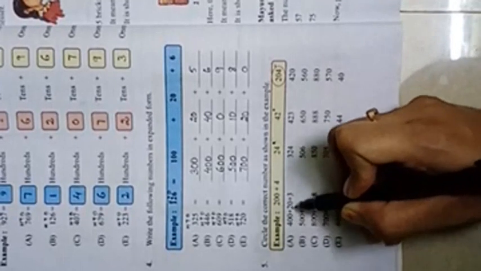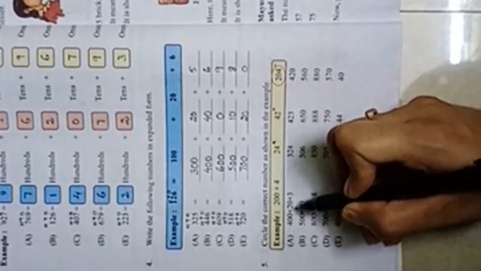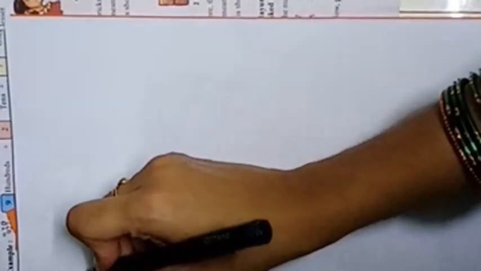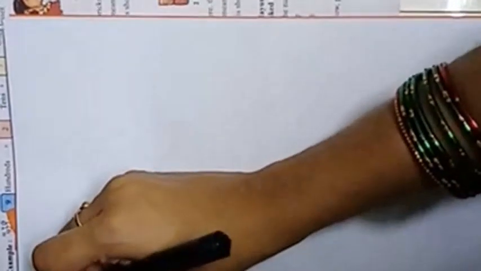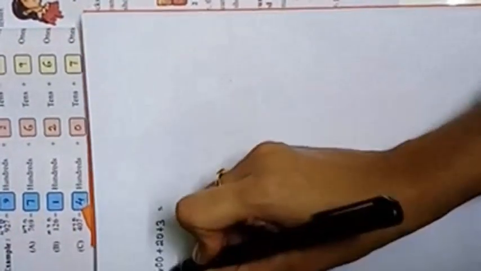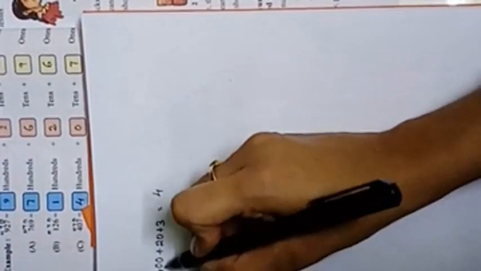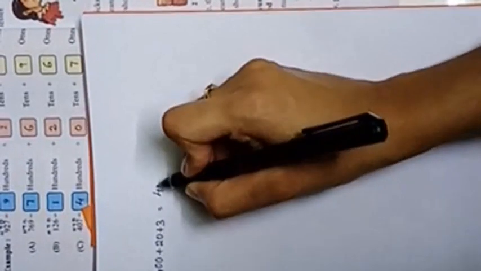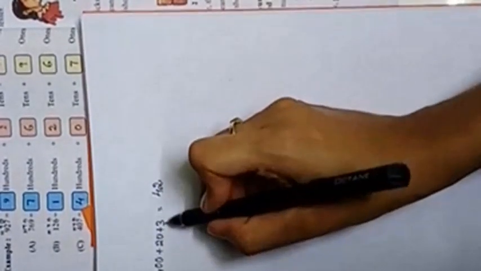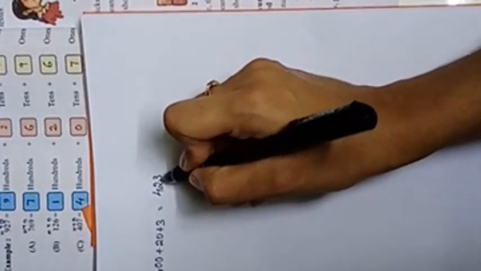When you add 400 plus 20, you get 420. Okay, fifth bit, children. Now this is the hundreds place number, this tens place number will come in the tens place, and this ones place number will come in the ones place.